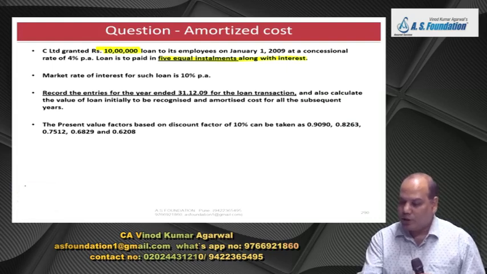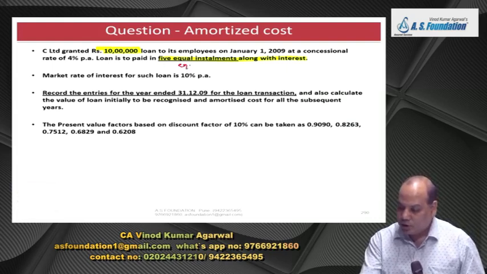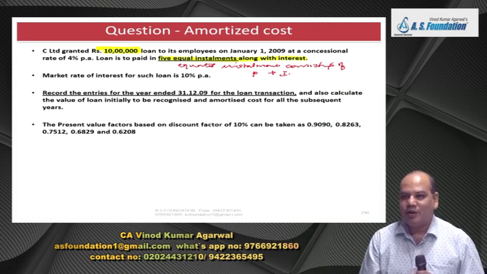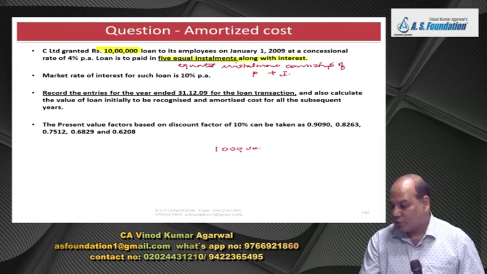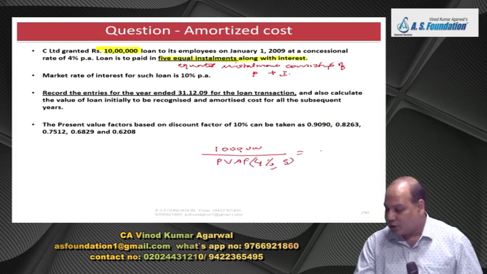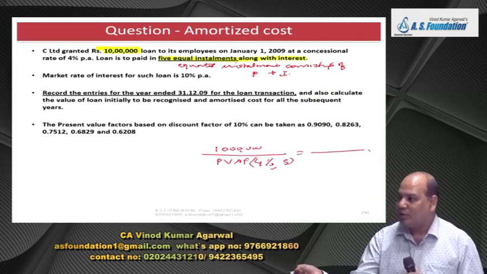The loan will be paid in 5 equated installment. Suppose they change it, 5 equated installment consisting of principal and interest. Then it has a different meaning. Then in that case, this loan of 10 lakh will first be divided by the present value annuity factor at 4% for 5 years to get the equated installment amount.